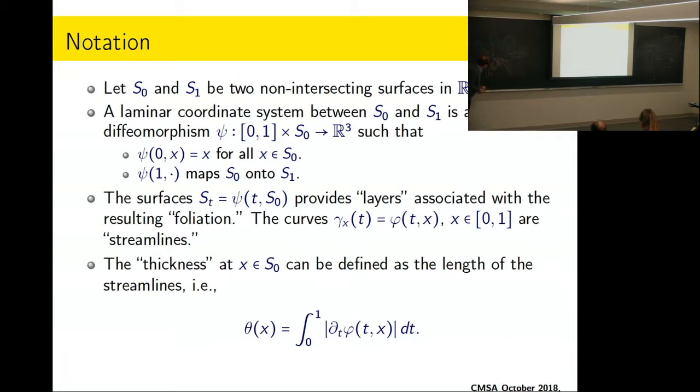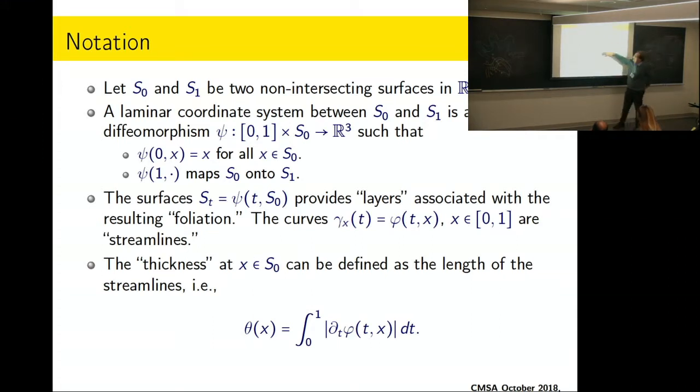Okay, so that's how the coordinates are built. So here I have an x prime, I have there some psi of t prime x. So I want to build this coordinate, so it's going to be a function from 0, 1. I'm going to assume that the time goes from t equals 0 here to t equals 1 on S1.